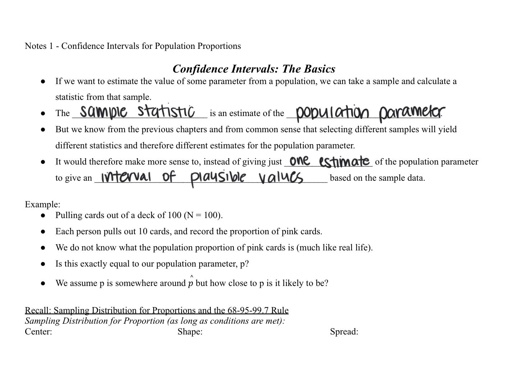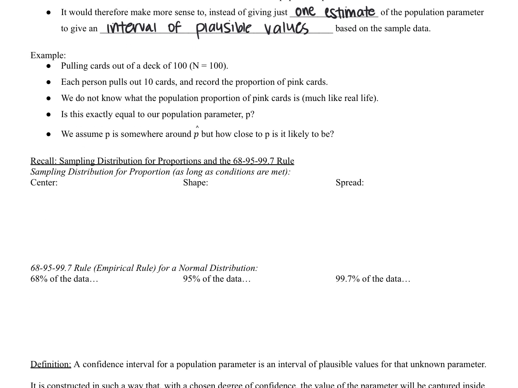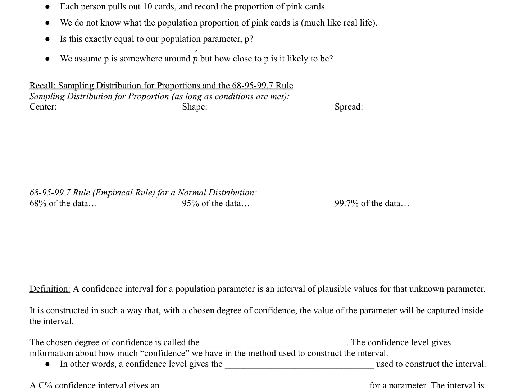So we want to know, is what we got exactly equal to our population parameter? We assume that our population parameter is somewhere around p hat, but how close to it is it likely to be?